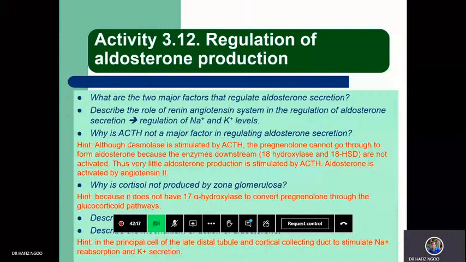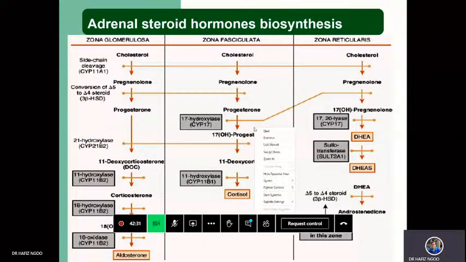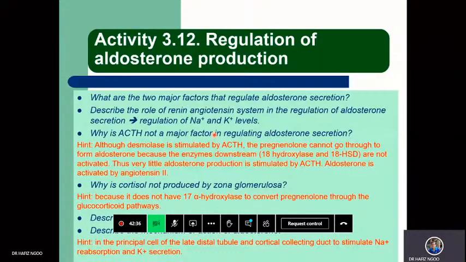From here, progesterone will be directly converted into 11-deoxycorticosterone. It doesn't go into 17-hydroxyprogesterone. So these are the processes. ACTH doesn't have a direct effect on aldosterone secretion.